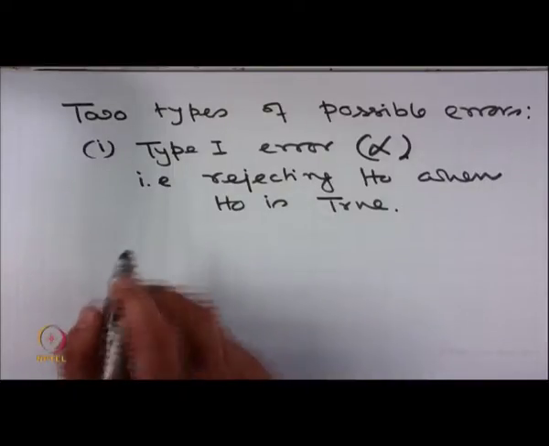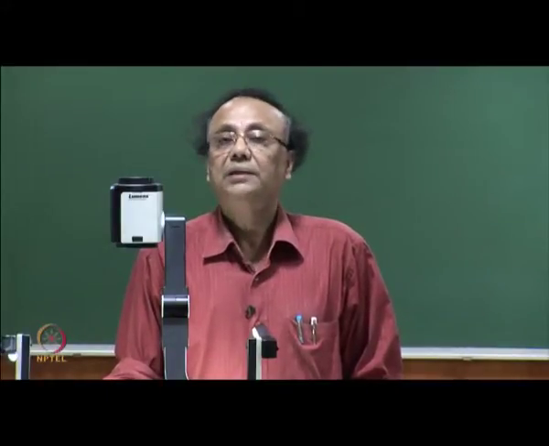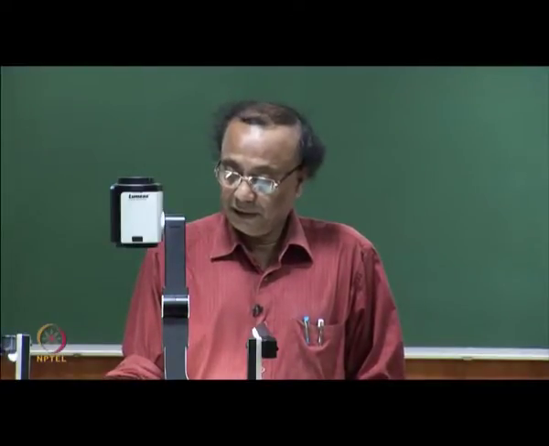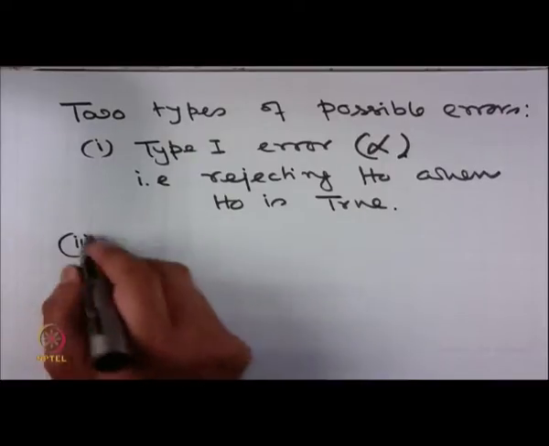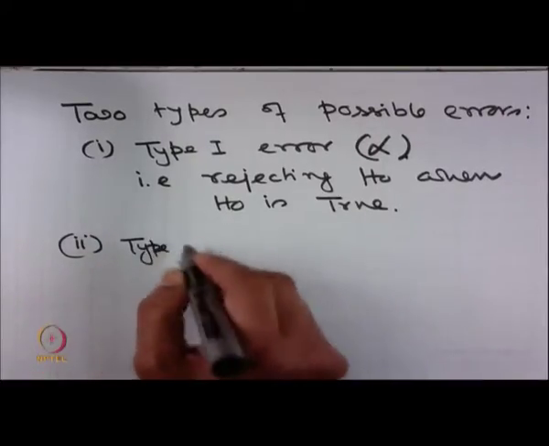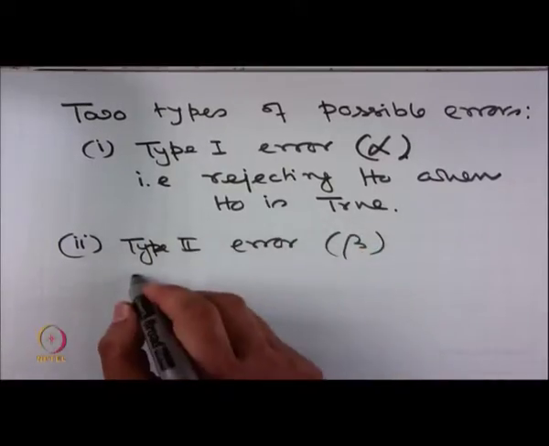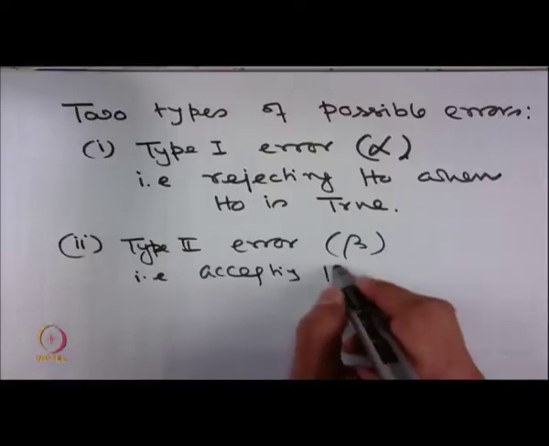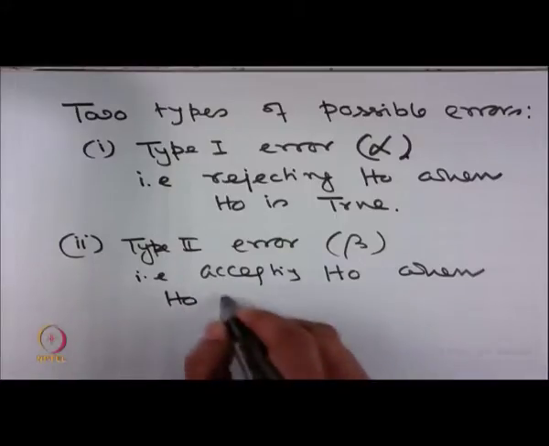That means, actually the coin is unbiased, but we are rejecting that hypothesis based on the sample obtained. And if I reject when the H naught is true, then we are committing an error which we call type 1 error. And type 2 error, which we call beta, is accepting H naught when H naught is false.